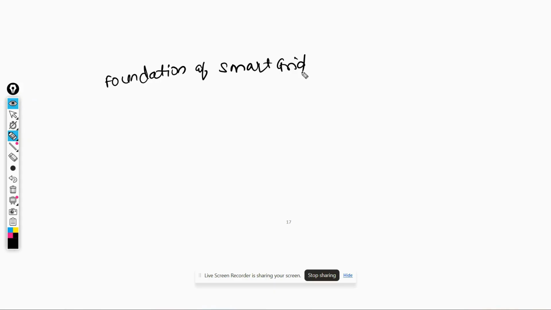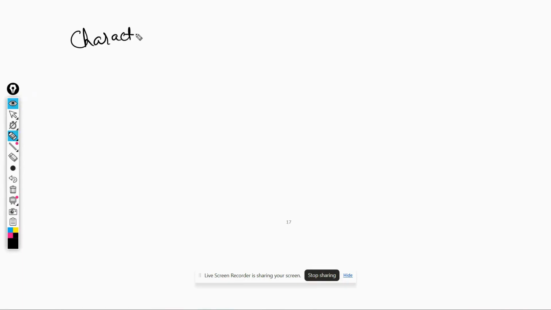So, the first one is digital monitoring. So, instead of manual inspection, engineers could monitor equipment using computers. So, voltage, current, frequency, and power flow could be viewed on computer screens.